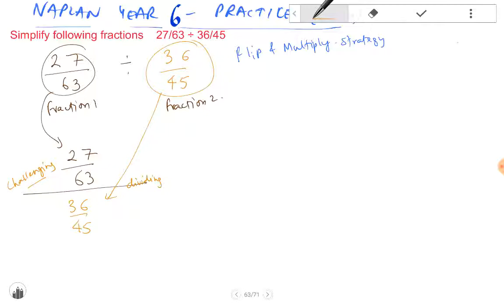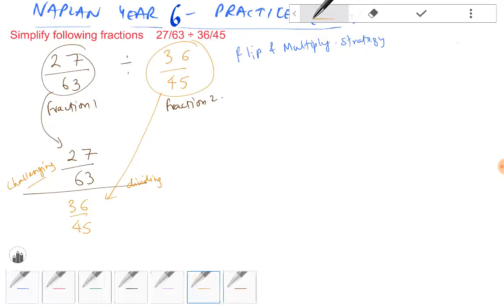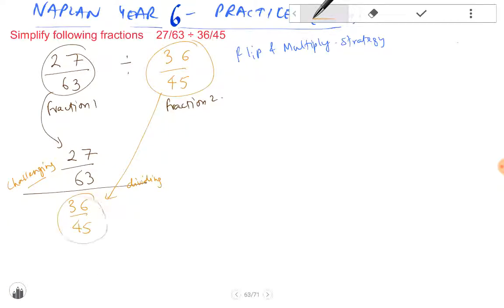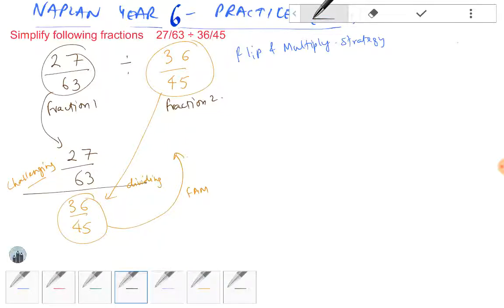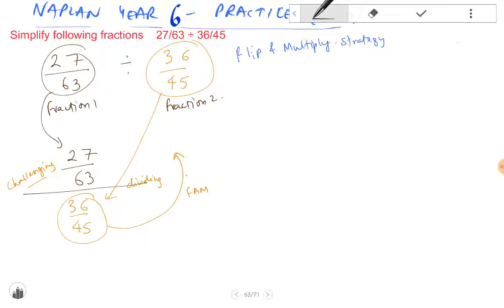So in this case, what we're going to do is we will simply take this fraction here and move it to the top. Now when we move it to the top, we have to flip and multiply this. Okay, so instead of dividing it, we will be multiplying it, and we will flip the entire fraction.